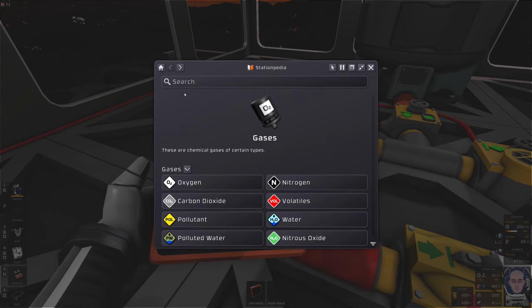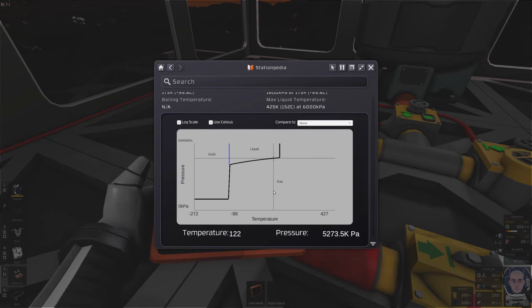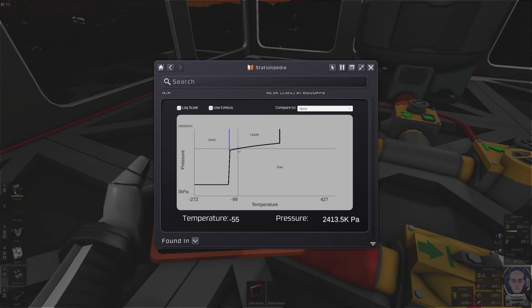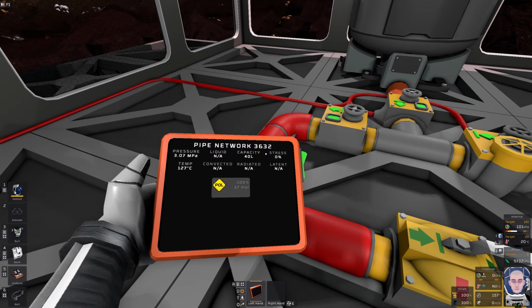All right, so our temperature is 126 or 127, around that. And so we need about 53 or so, 100 kPa before we'll start generating any liquids.